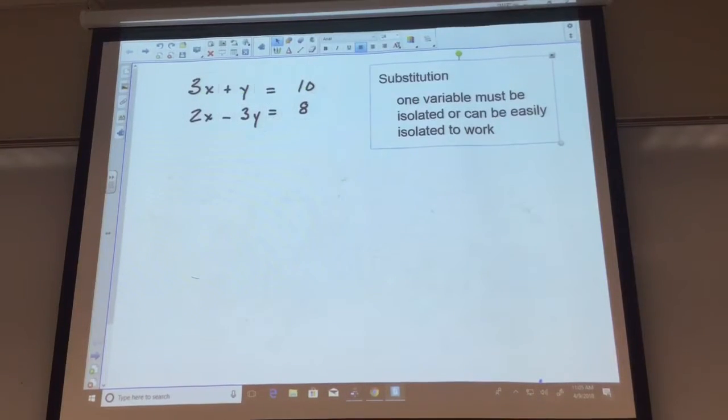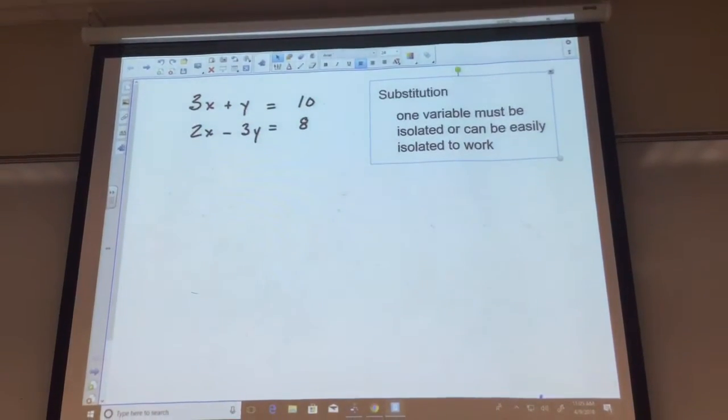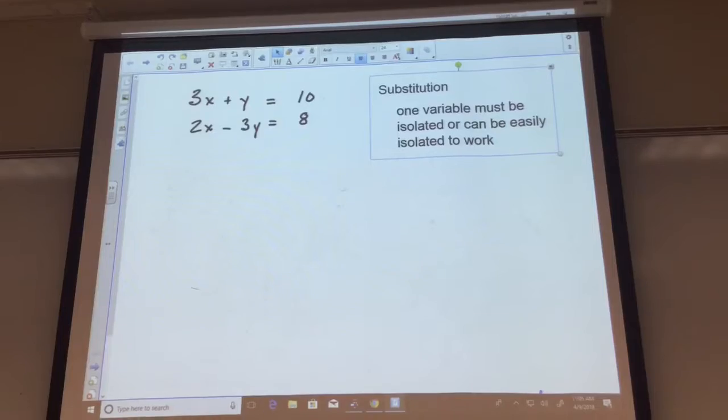Okay, we're going to solve the system by hand. And our two choices are elimination or substitution.